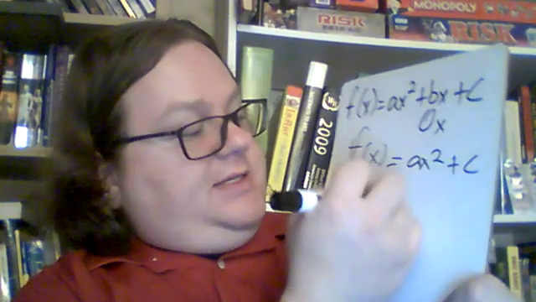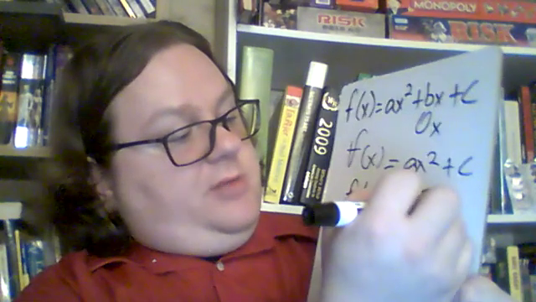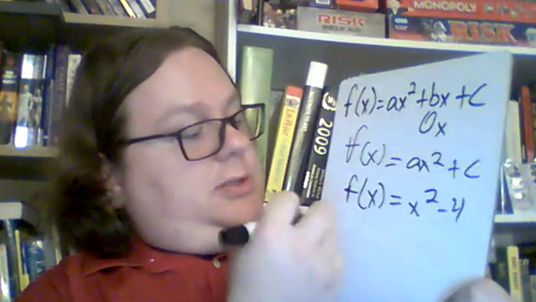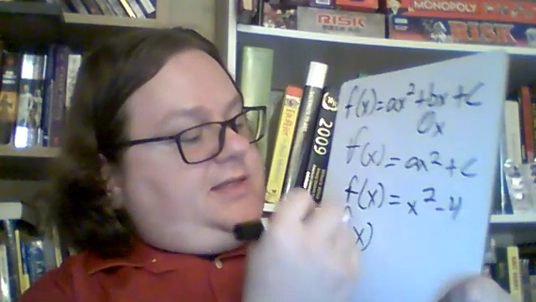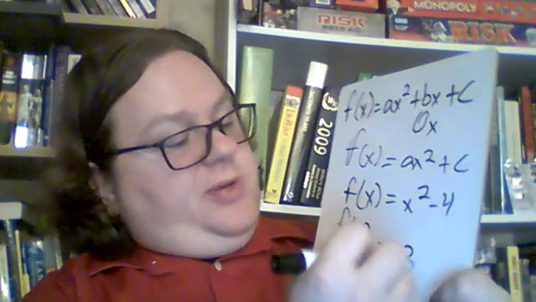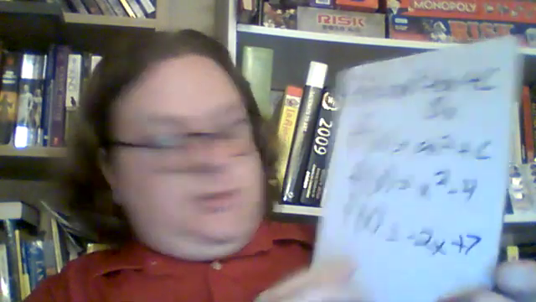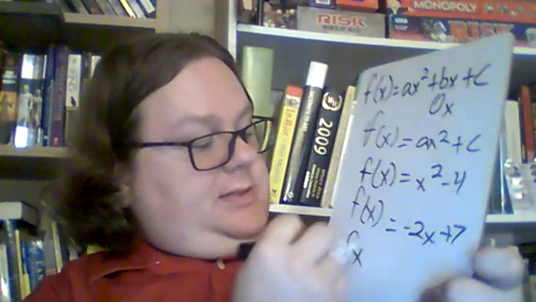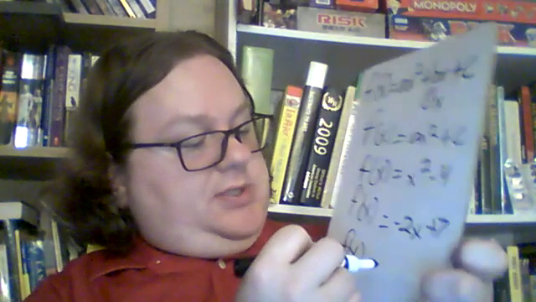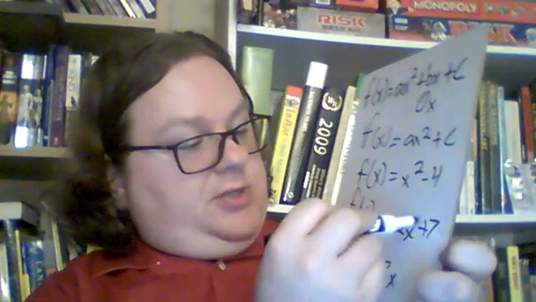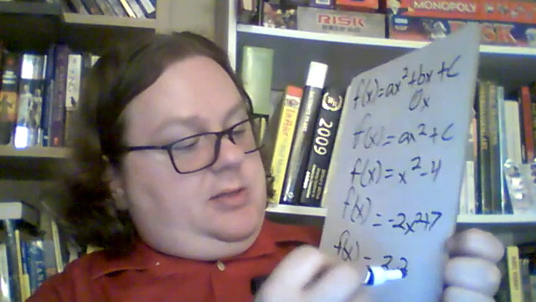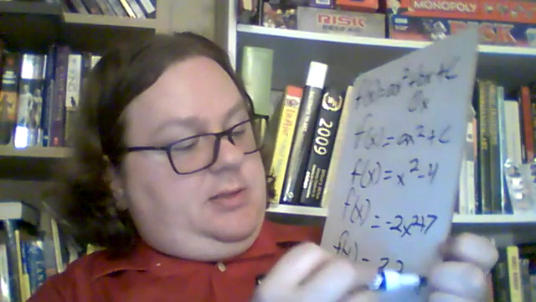f of x equals x squared minus 4. f of x equals negative 2x squared plus 7. f of x equals 3x squared plus 10.